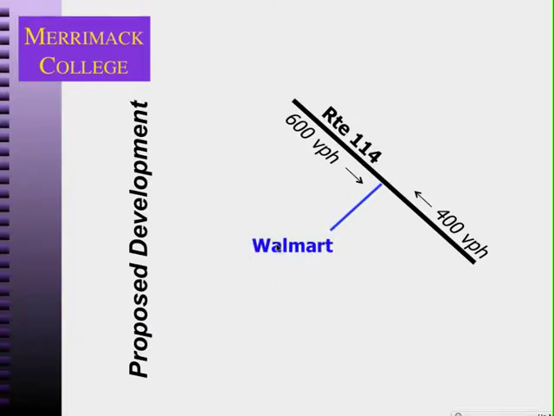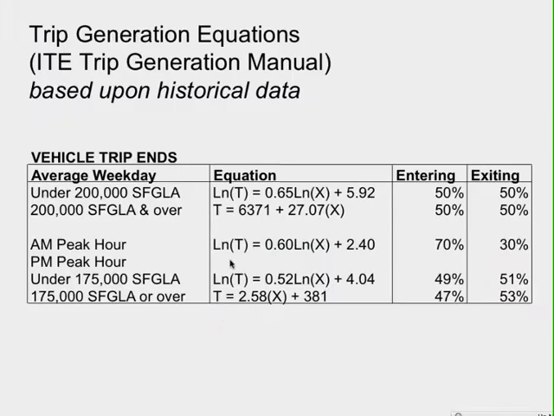So we need a method for estimating the new trips that will be made to get a turning movement diagram. This is an example of a table out of the trip generation manual. You can see that this is for shopping centers, for the PM peak hour, under 110,000 square feet.